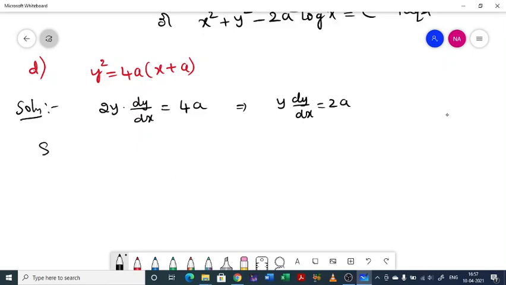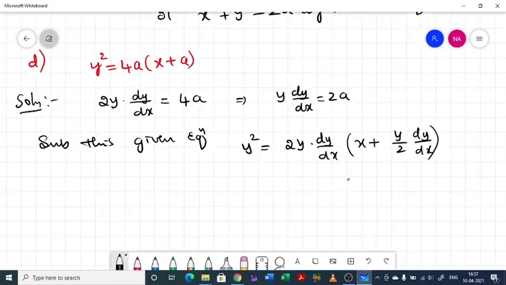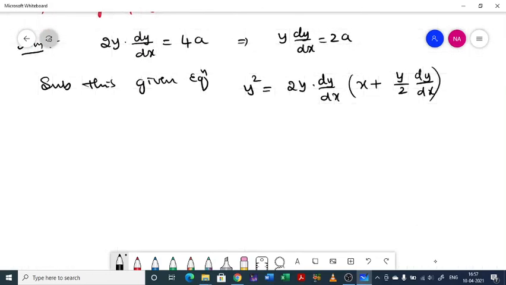Now substituting this in the given equation, y square equal to 4a, that is 2y dy by dx times x plus a, that is y by 2 into dy by dx.